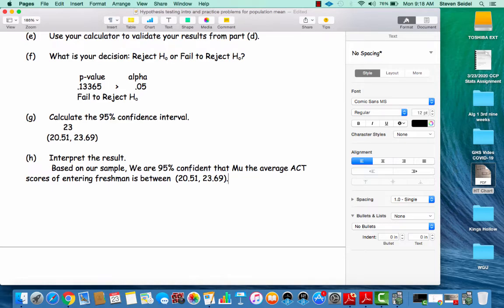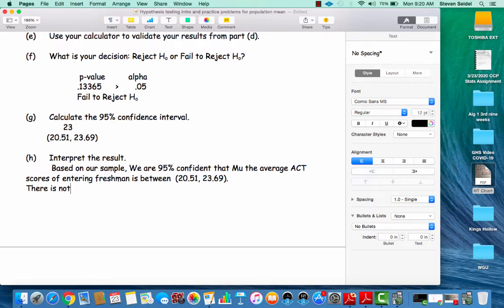We got one more thing that we got to do. This is our final statement here.